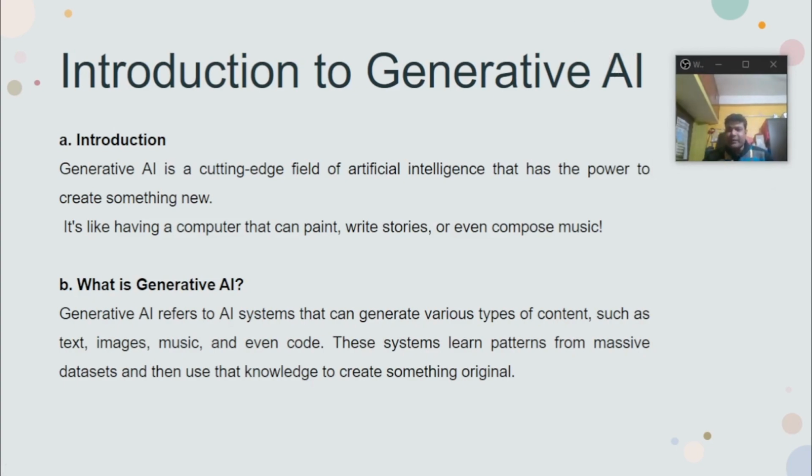This is the first content, which is the introduction of generative AI. What is generative AI? Generative AI refers to AI systems. This is a cutting edge field of AI that has the power to create something new.